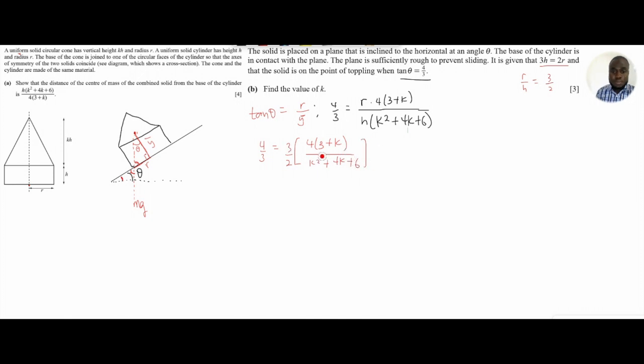Let's simplify this expression, and it's of course going to be a quadratic in k, and we can solve that easily.